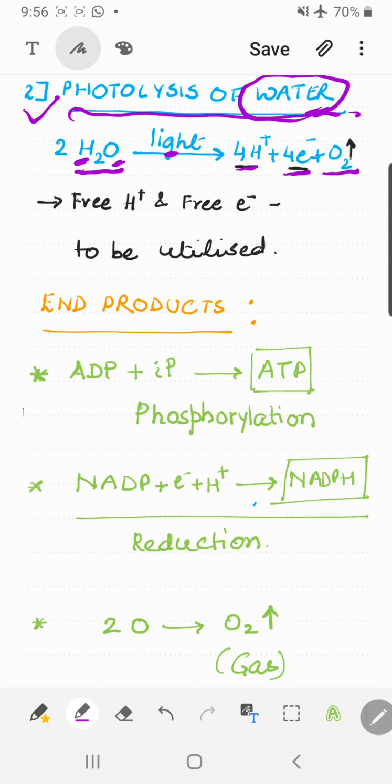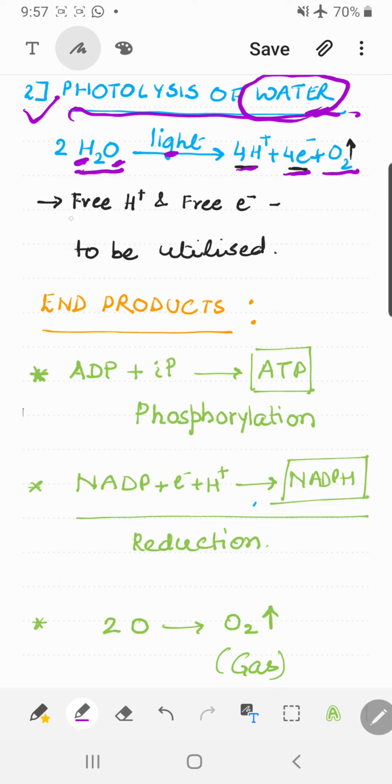Till now you have learned that oxygen is liberated during photosynthesis. Now you have to keep in mind that oxygen is liberated during photolysis in the light reaction of photosynthesis. So it should be specified that when water is broken down into its constituents in the presence of light, oxygen is also released. Right children?